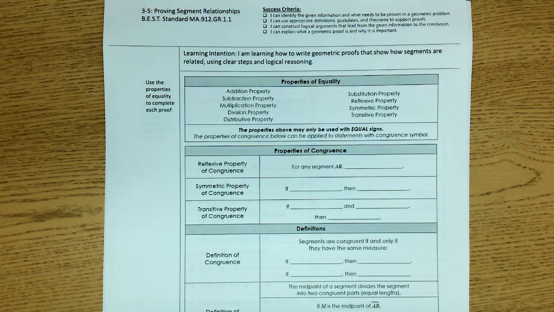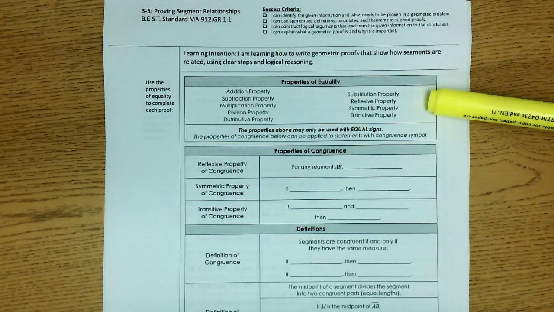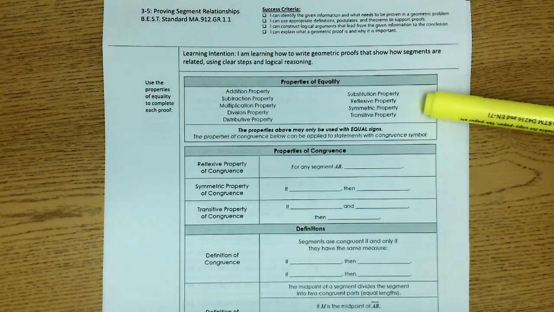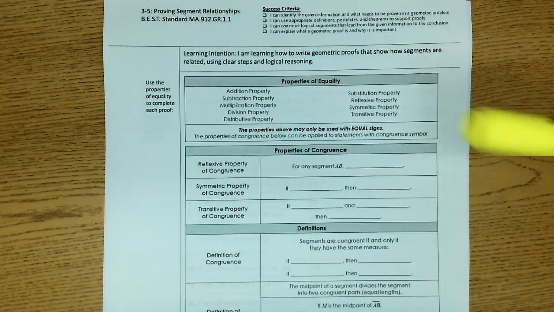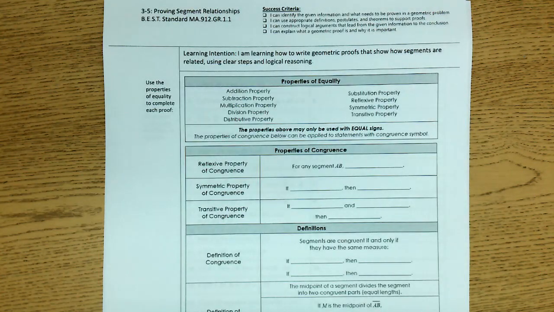So again, we know how to solve 3x plus 12 equals 15. A proof is showing the justification using some of these properties of equality that we started in 3-4. We wrote all these down, said how they went together.